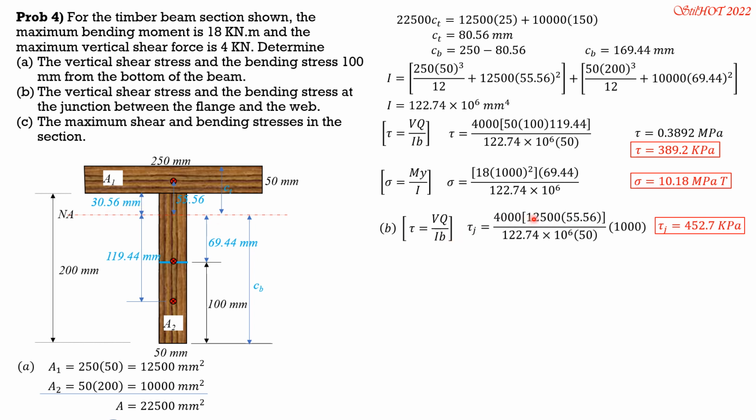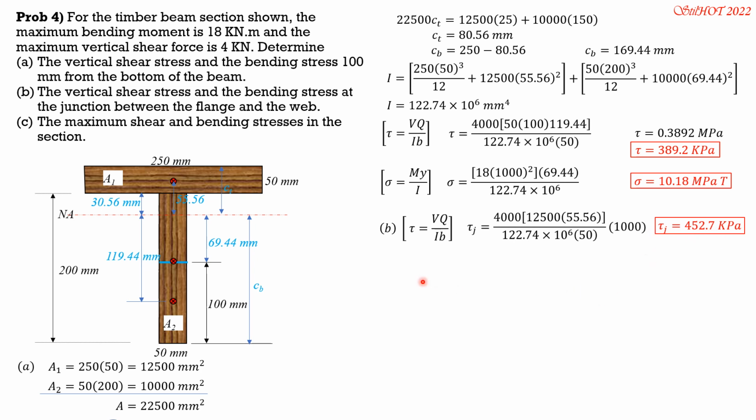Again, the alternate value of Q, if you consider the area below, is 50 by C sub B, 169.44, then the moment arm to the neutral axis, 169.44 over 2, then minus 50 times 30.56 times 30.56 over 2. And you will arrive at the same answer, supposedly.